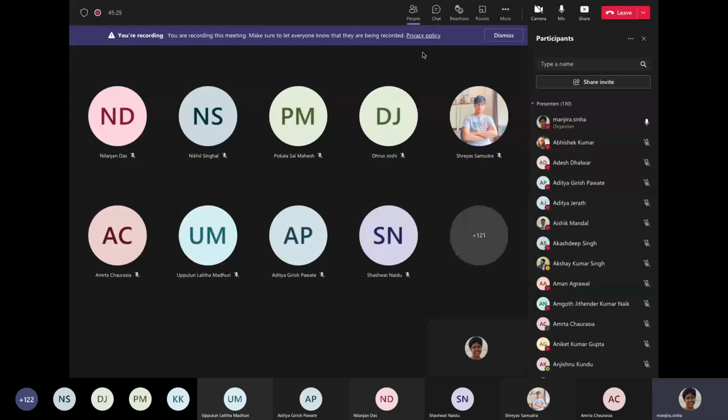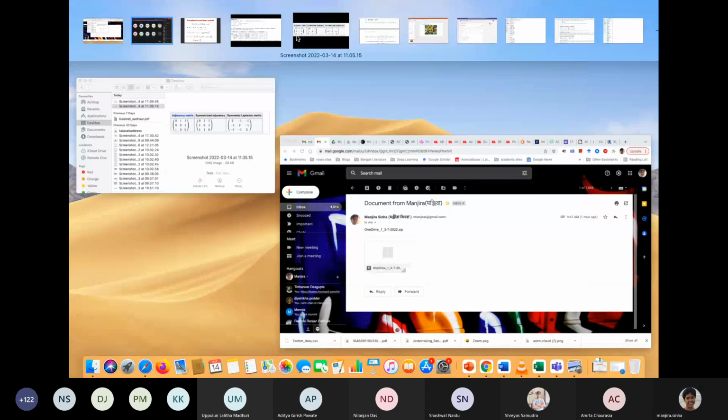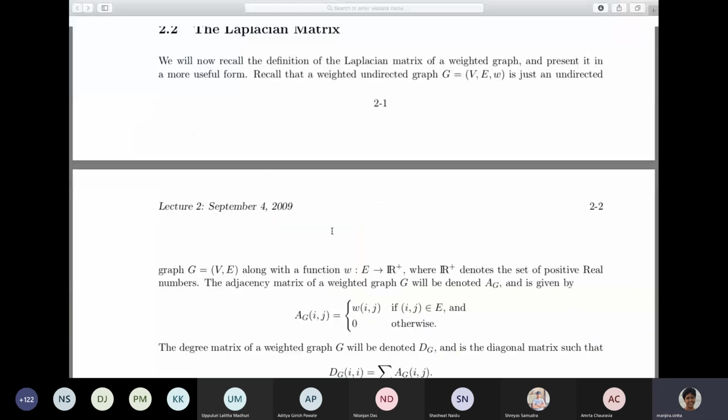Please type. So we have seen the Laplacian of a simple graph, the concepts of eigenvector and eigenvalue. So let us see the Laplacians on, as someone was asking, a weighted undirected graph like we are dealing with at this point.